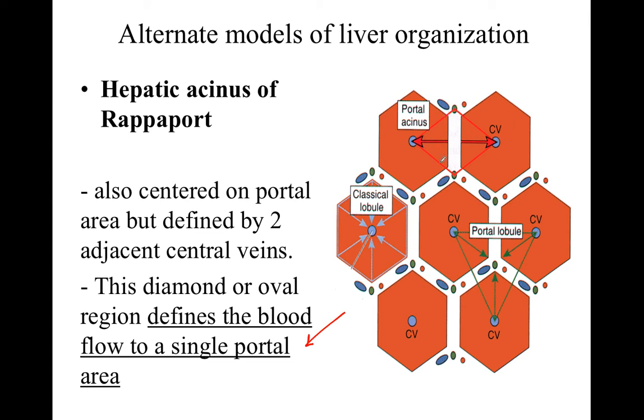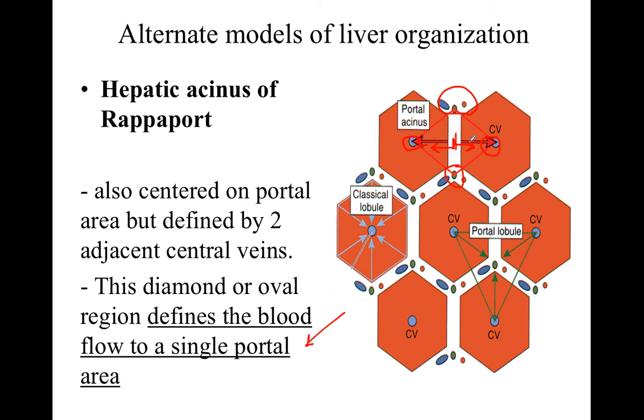This one here is diamond shaped, and at 2 angles we have 2 central veins and at the other 2 angles we have the portal area, and from this area toward this area describes the blood flow. This is very important in case of toxicity.